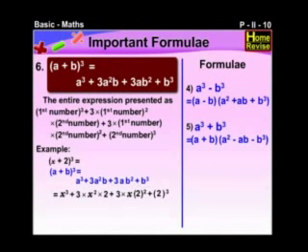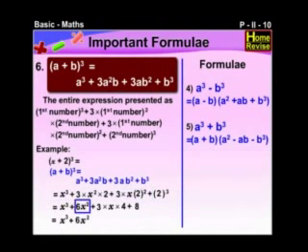Simplify this. X cube as it is, 3 into 2, that is 6x square, 3 into x into, now square of 2 means what? Square of 2 means 4, plus cube of 2 is 8. Simplify.